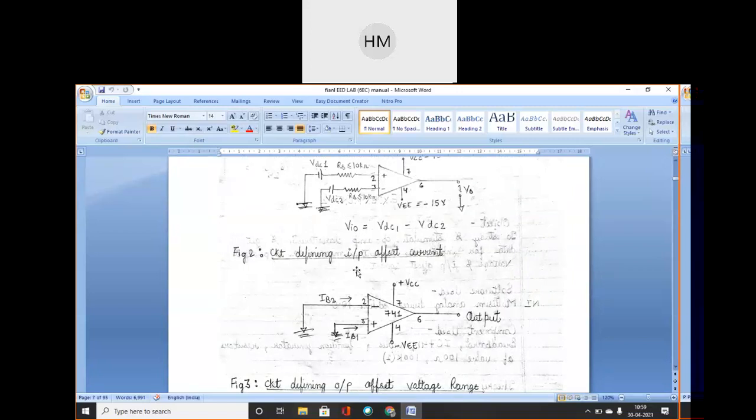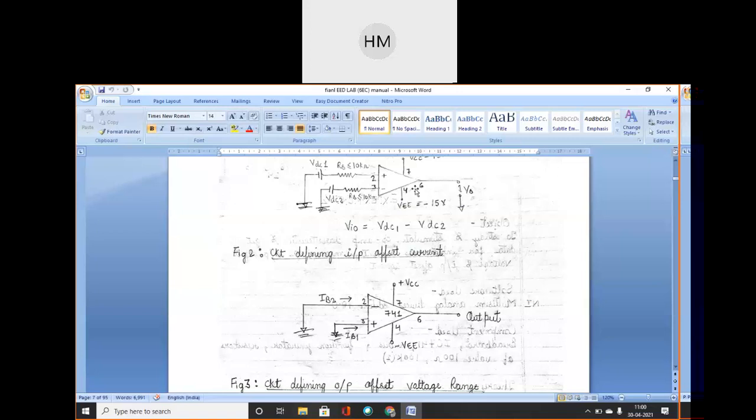These are the bias currents which are produced at the inverting and non-inverting terminals when both the terminals are grounded. Okay, and it's not that easy to find these values. To find these values, we have to apply some resistors so that we can calculate these values.